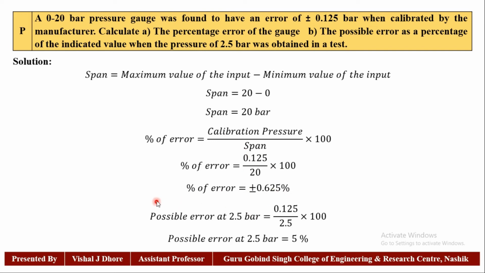And we have to calculate the possible error at 2.5 bar. The error at 2.5 bar is plus minus 0.125 divided by 2.5 into 100. So the possible error at 2.5 bar is 5%.